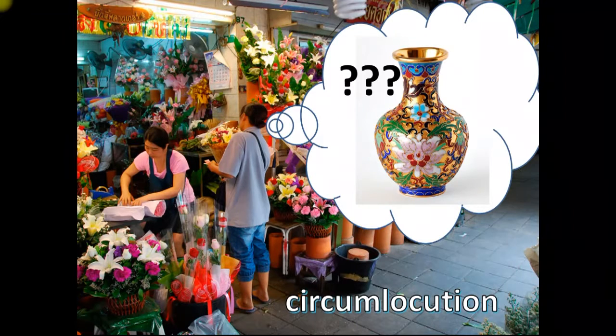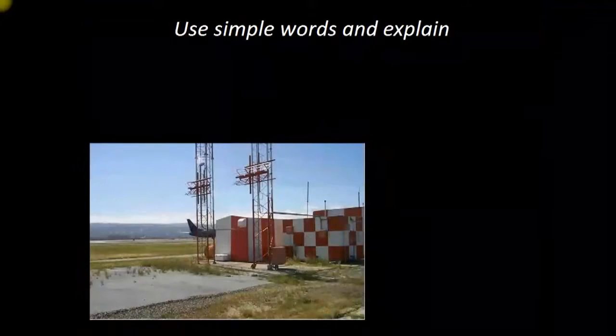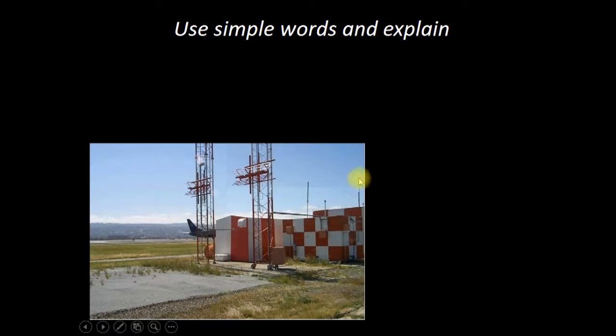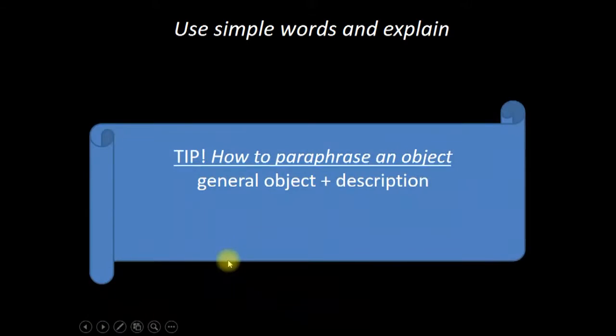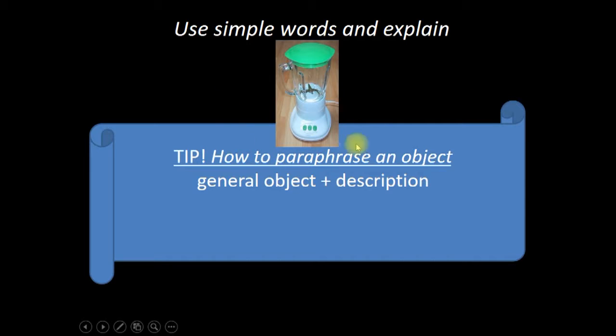This skill is called circumlocution, which is similar to paraphrasing. So if you have to describe a photo, and maybe you don't know what this is, how can you describe it? Well, one tip for this is to start with a general object and then add a description. For example, maybe you don't know this word in English.